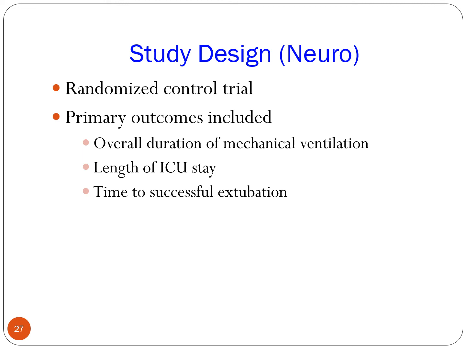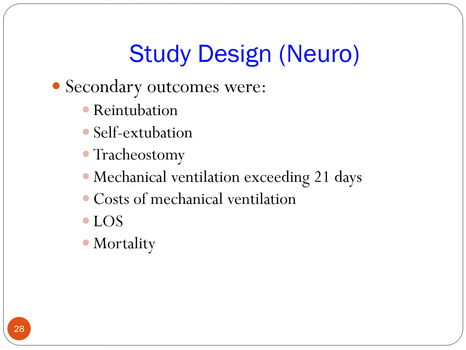So this was an extubation study for neuro patients, and let's continue. Secondary outcomes were, most importantly, reintubation rates, self-extubation, need for tracheostomy, mechanical ventilation days exceeding 21 days, cost of mechanical ventilation, length of stay, and mortality.